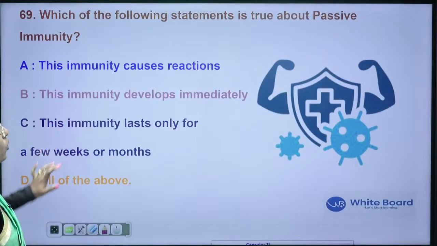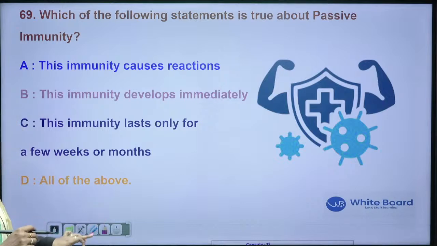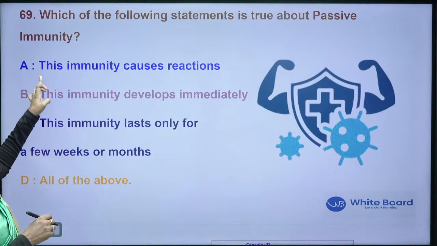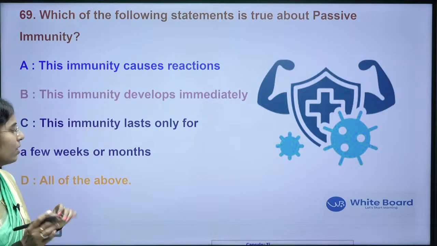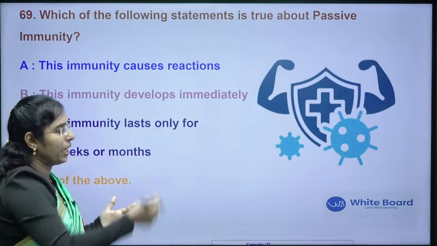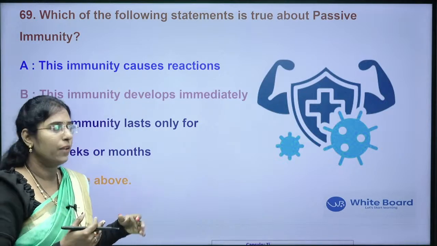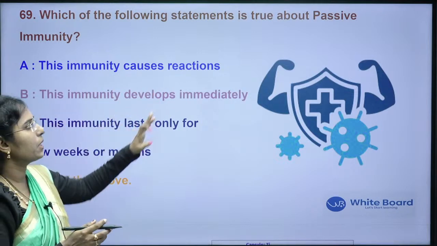69. Which of the following statements is true about passive immunity? Here they have given 4 options. The first one, this immunity causes reactions. Yes, definitely we'll be having some reactions, either swelling or fever. This immunity develops immediately.